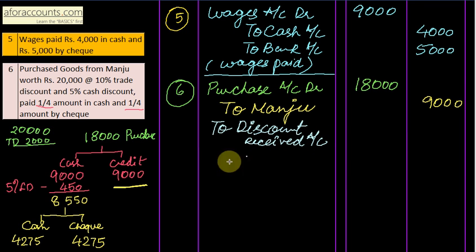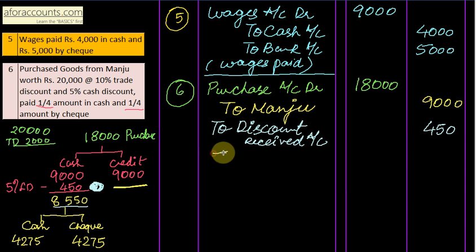Got discount, that is discount received. How much discount is received? Total cash discount received 450. Look here. Okay. So 450 is your discount received. And now after deducting the discount received, you get 8,550. Half of it is paid in cash, half is paid by check.